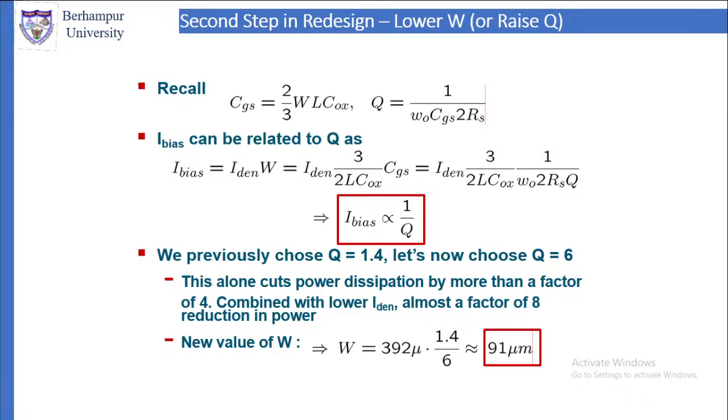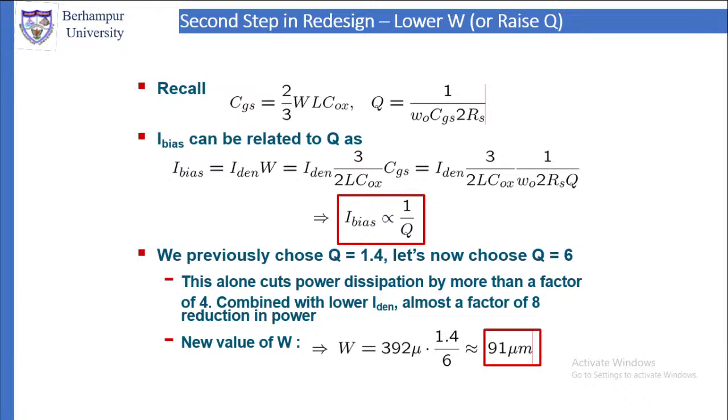I bias is equal to I density into W. That you can write as I density into 3/2 LCOX into CGS, because CGS is equal to 2/3 WLCOX. So you can also write I density into 3/2 LCOX into, for CGS, 1 by omega 0 2RS into Q.